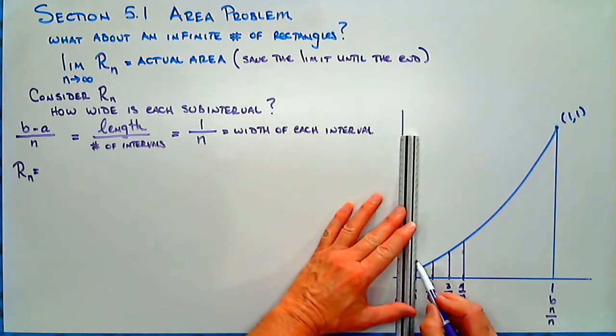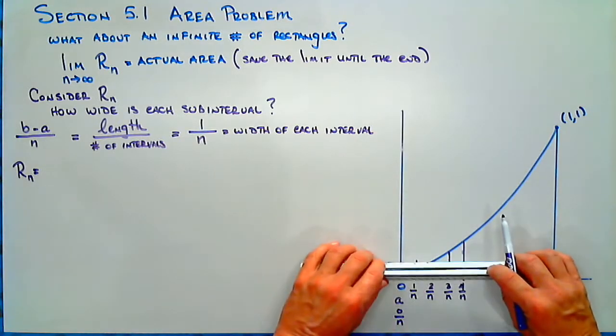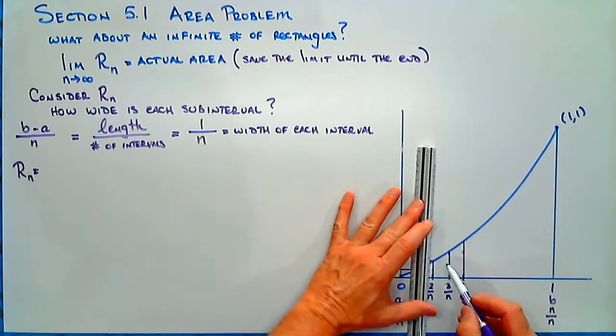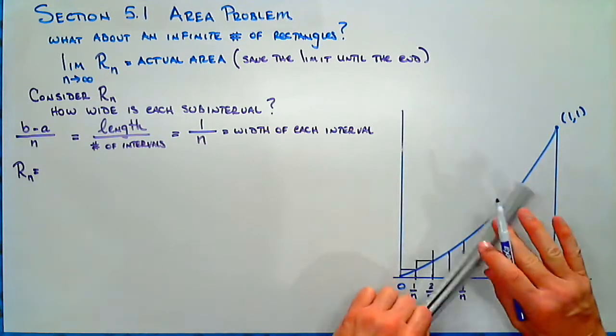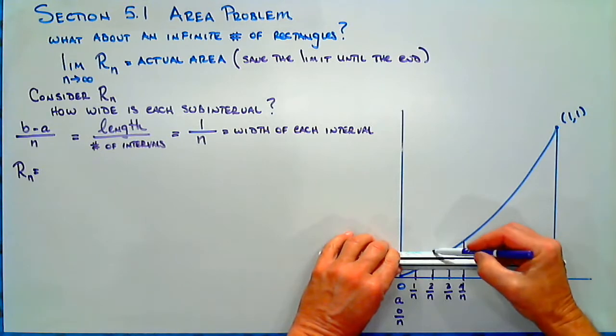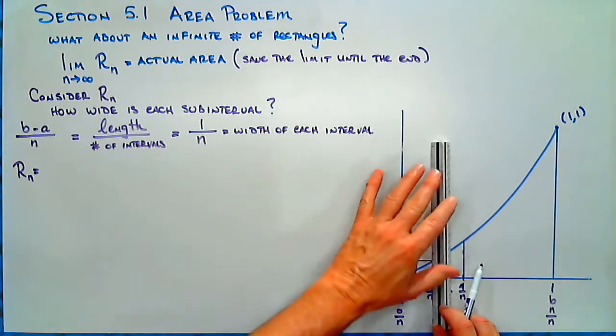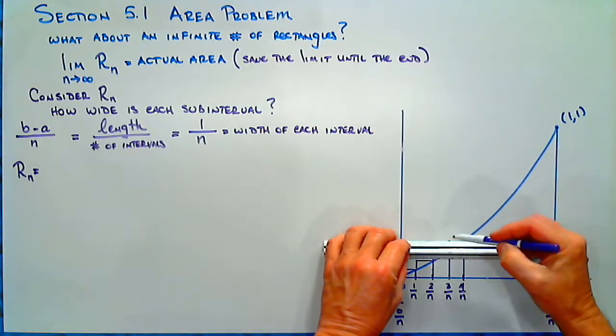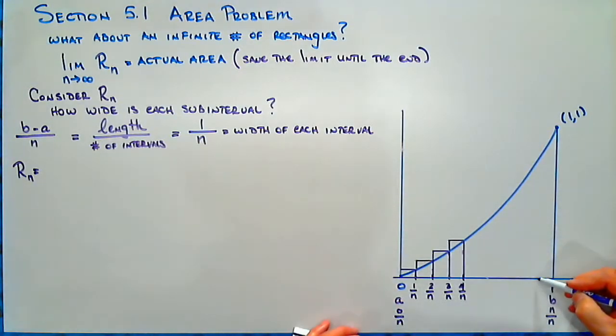So when we draw our rectangles right now, I'm going to draw the first 4 rectangles, right? And then over here, I'm going to draw the last rectangle.